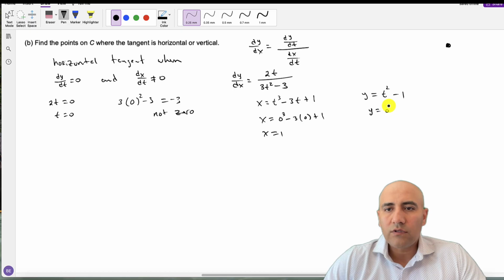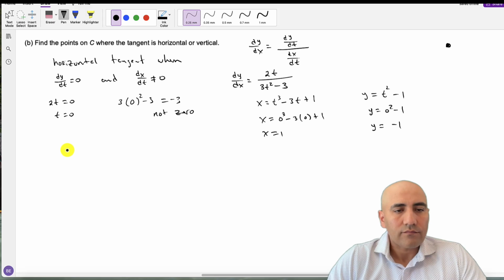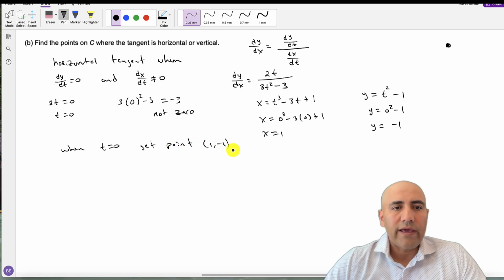So y equals 0 squared minus 1, so y equals minus 1. So we have the ordered pair 1 comma negative 1, and that corresponds to t equals 0, and that'll give us a horizontal tangent at that point. So when t equals 0, we get the point 1 comma negative 1, and we know we have a horizontal tangent line there.